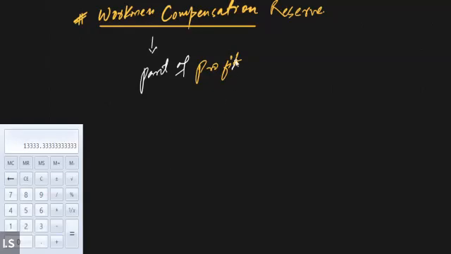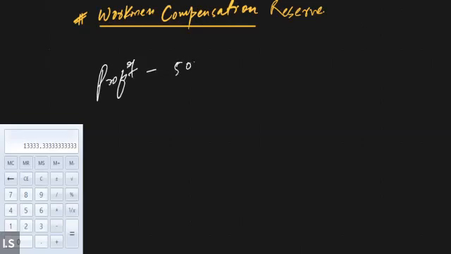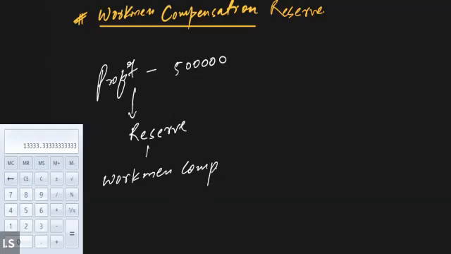Let me explain this by giving you a small example. Let's suppose we have a profit of rupees 5 lakh. Out of this profit, we made a reserve by the name of workman compensation reserve, of rupees 2 lakh.